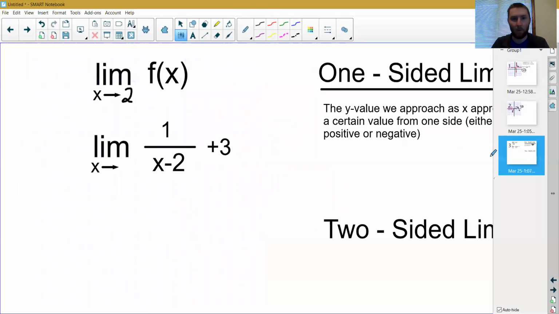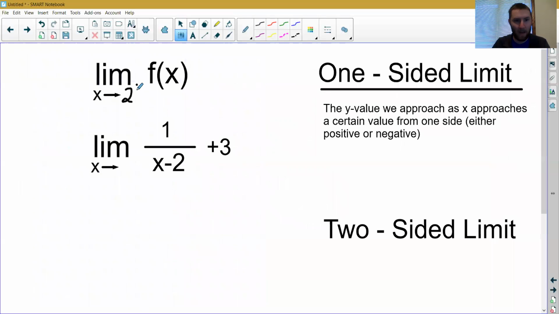So my limit notation says the limit as x approaches 2 from the positive, from above. So it's not that I'm going positive right now; I'm coming from the positive, approaching 2. So x is approaching 2 from above of this particular function f of x.